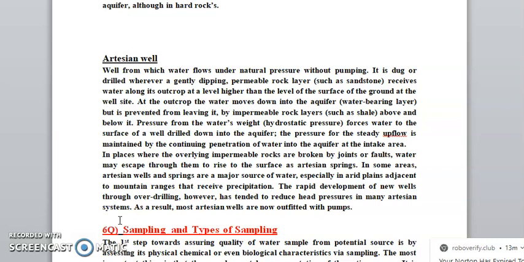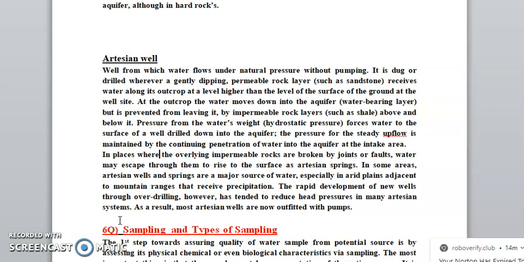In some areas, a mountain ridge receives the precipitation, and rapid development of new wells through over-drilling tends to reduce the head pressure and weaken the artesian system. As a result, artesian wells are now often outfitted with a pump.